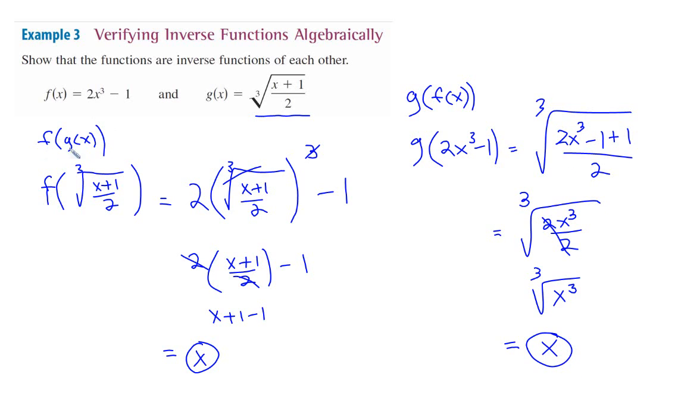So if you take f composed with g of x and you get x, and g composed with f of x and you also get x, then you know that these two functions are inverses of each other. Okay, so f of x and g of x here are inverses of each other. You always need to get x back in return when you do these compositions. If you get anything else, they are not inverses. So if you do the first check and this isn't x, then don't even bother doing the second check.